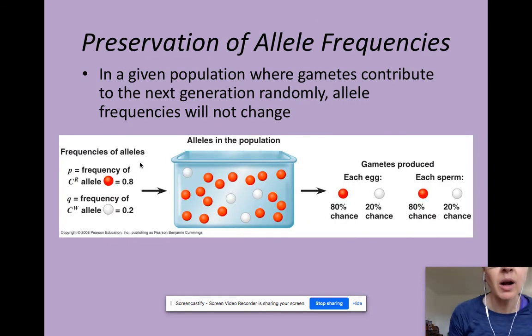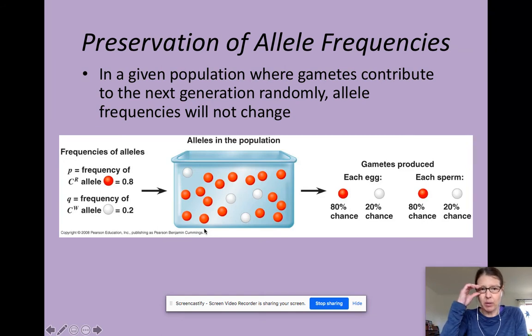So in any population, if gametes are contributing to the next generation with sexual reproduction, we shouldn't see a change in allele frequencies. So if this was a population of flowers, I think we'll see this example quite a bit, where you have a red allele and a white allele.